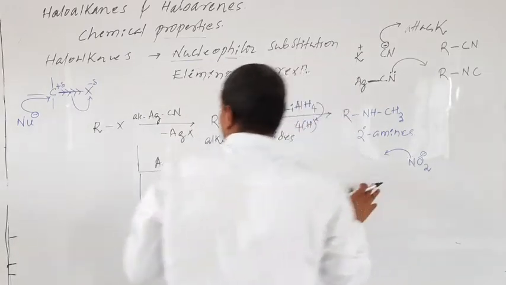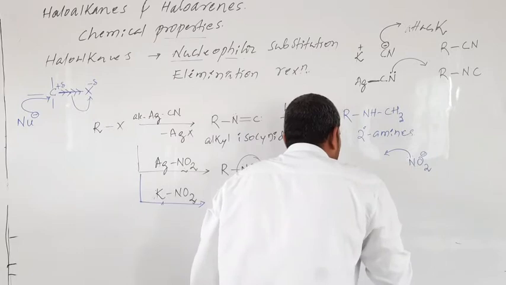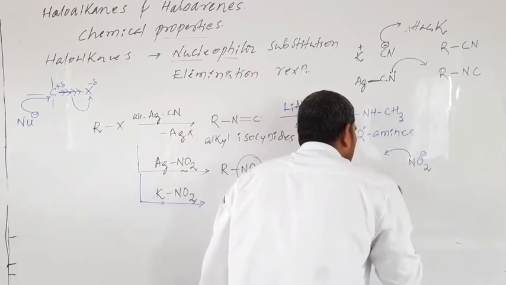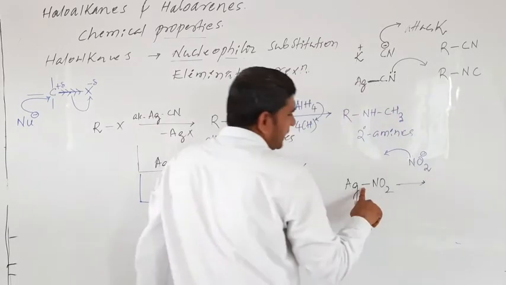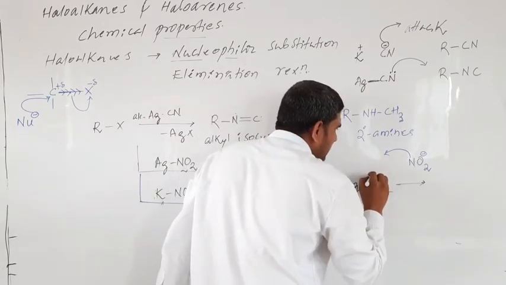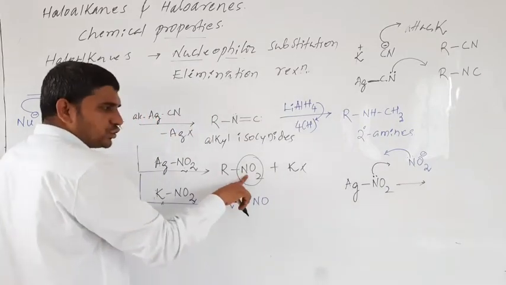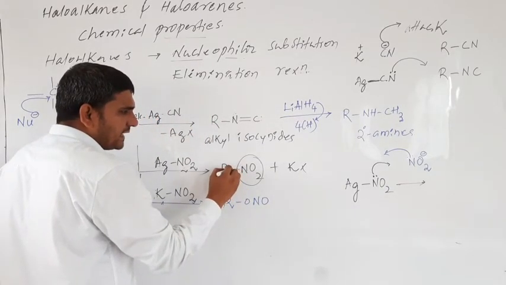Over here, in case of AgNO2, the bond is covalent. Therefore, the lone pair of electrons present on the nitrogen are used for the attack. Understood? Nitrogen gets attached to the carbon.